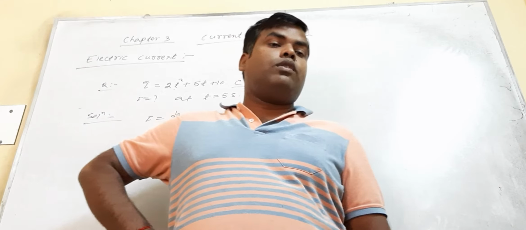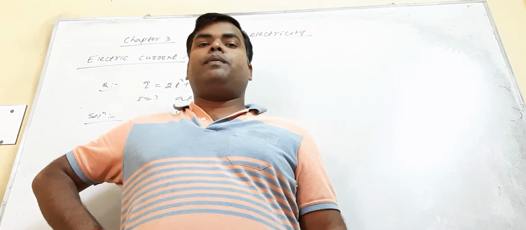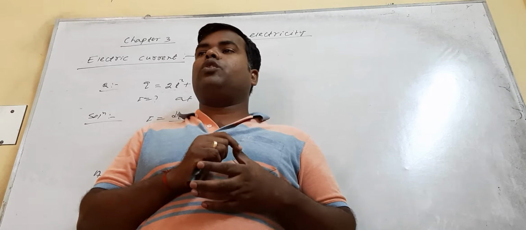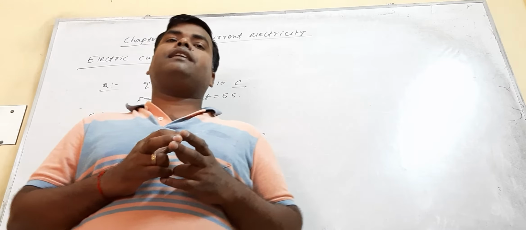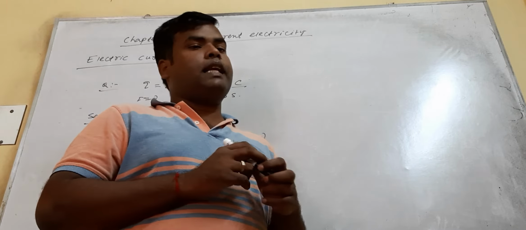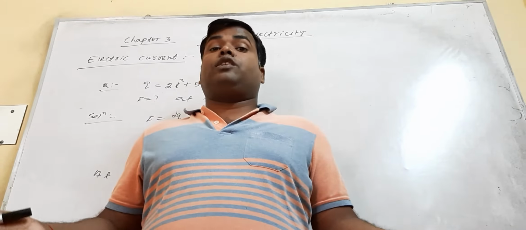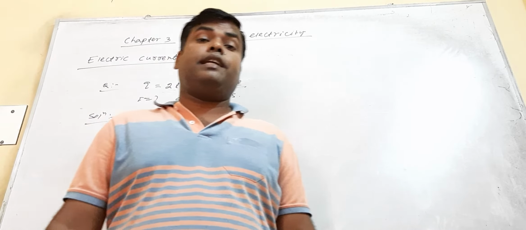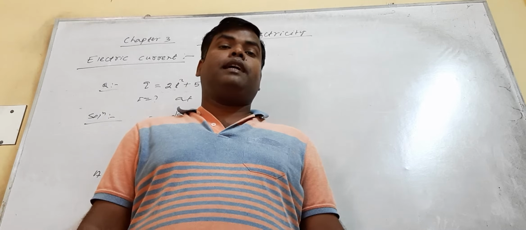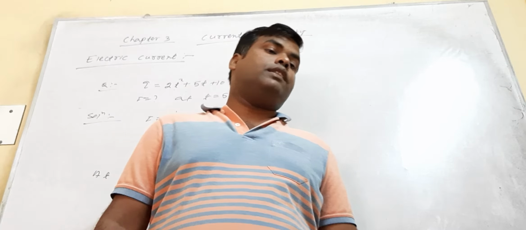So will electric current be a vector quantity or not? You remember, though electric current has both magnitude as well as direction, it cannot be considered as a vector quantity because it doesn't obey the law of vector addition.